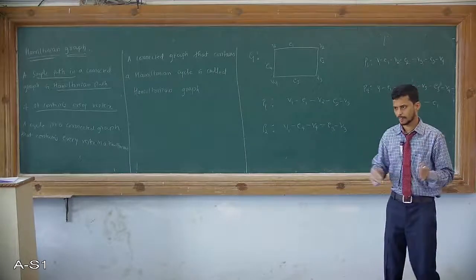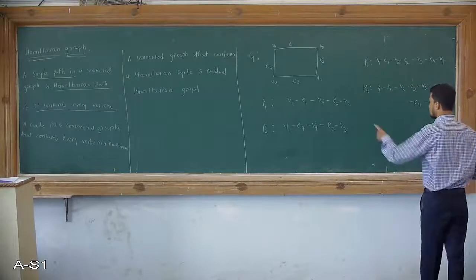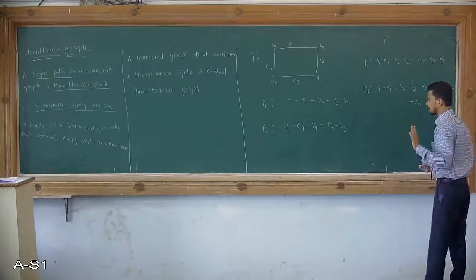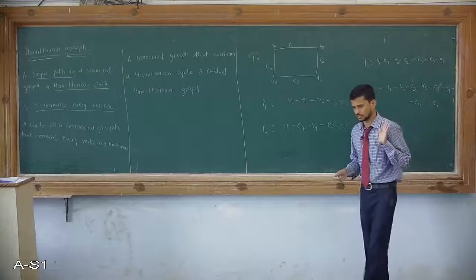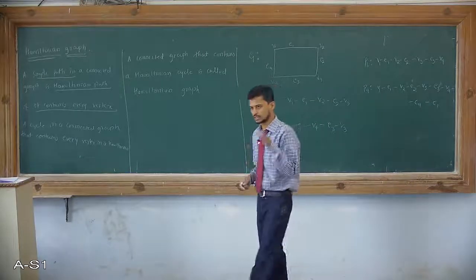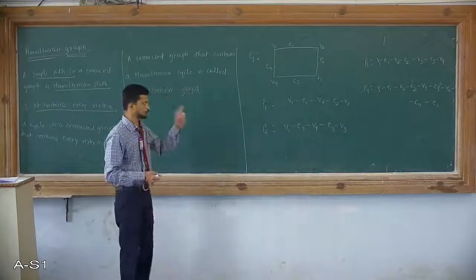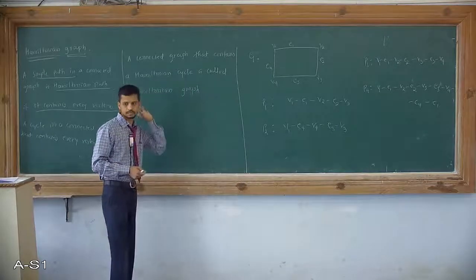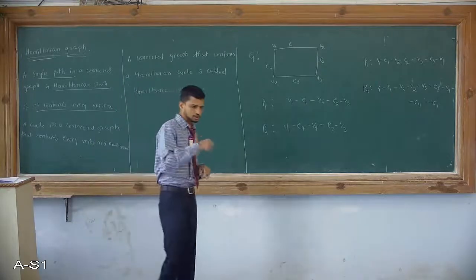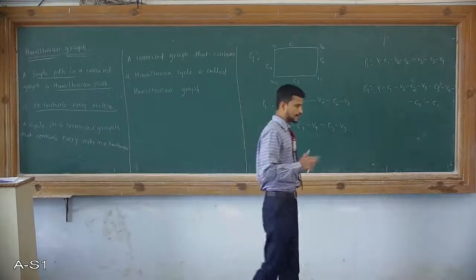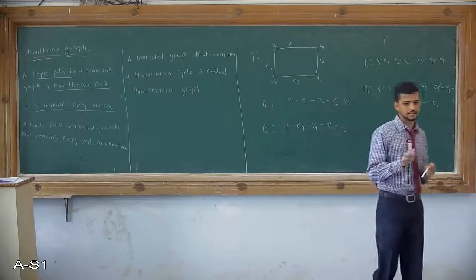That's it. So if you see, whether P1, P2, P3, P4 are paths or not is the first question. The answer is yes. All the sequences we have defined here, P1, P2, P3, P4, are called paths. Now the question is whether each path is a Hamiltonian path or not.